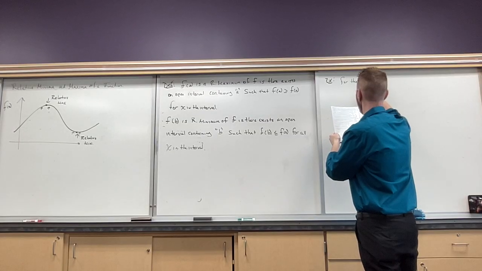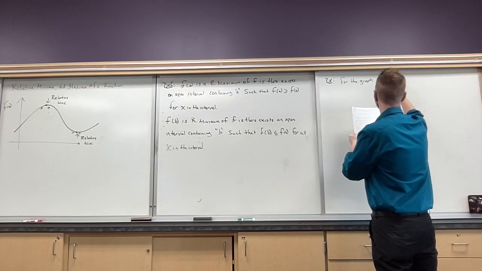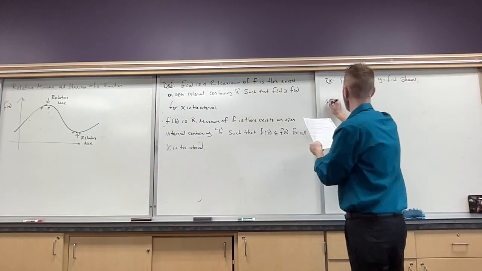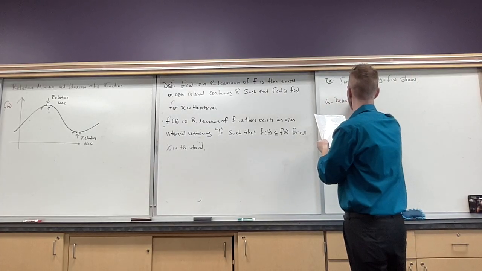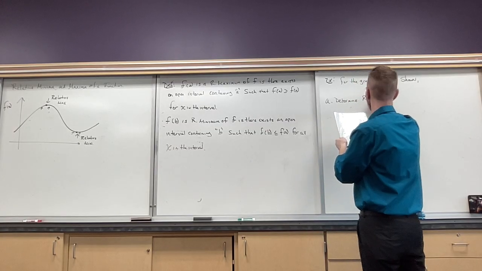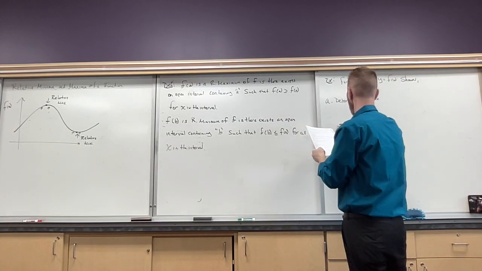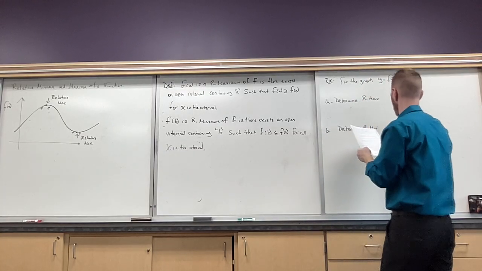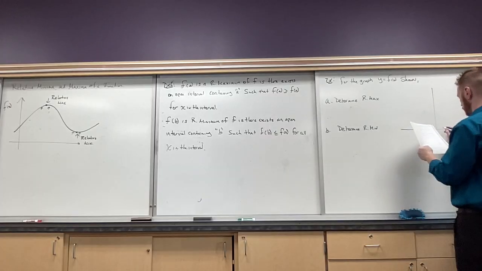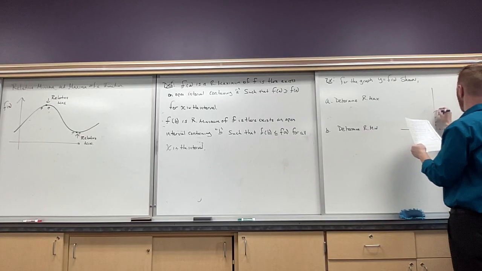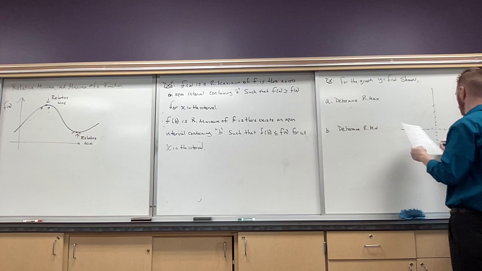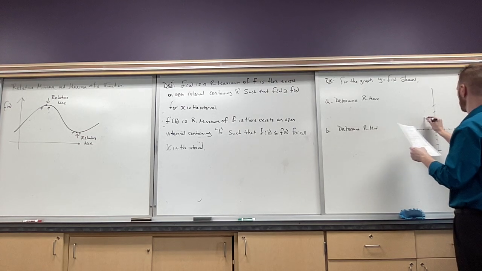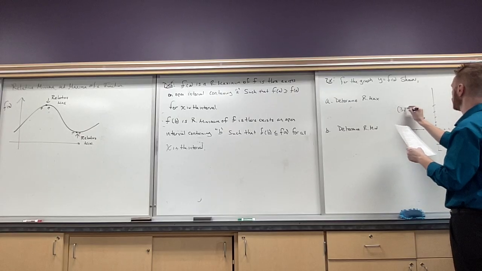For the graph y equals f of x shown, A, determine relative max, B, determine relative min. And here's what I'm going to do to make it easier for you guys.